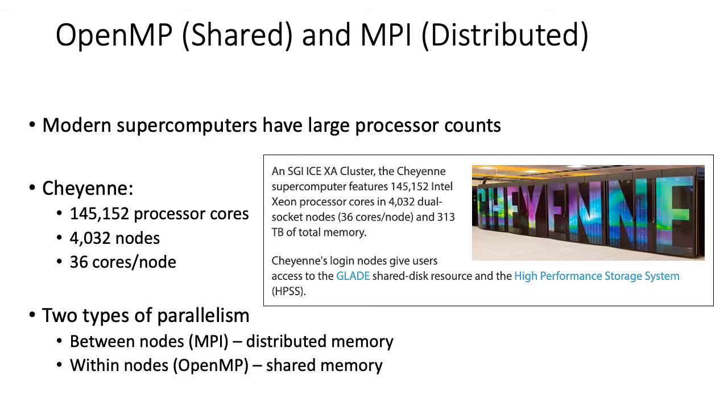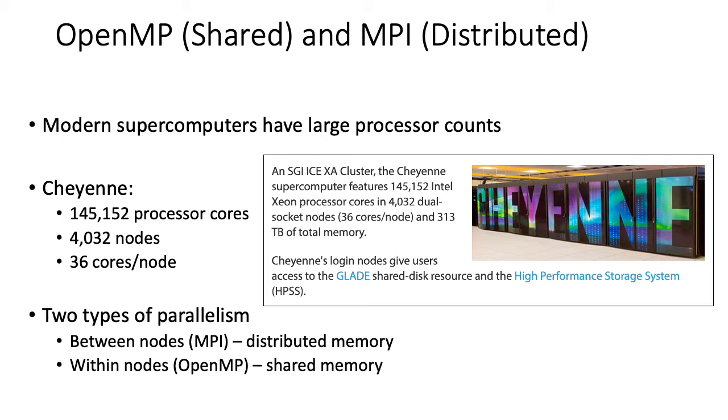Modern supercomputers have very large processor counts. The supercomputer at NCAR has over 140,000 processor cores, and that's distributed among over 4,000 nodes. When you have these very large processor counts, there are two kinds of parallelism that you traditionally take advantage of. Within shared memory parts of the machine, you are able to optionally utilize OpenMP.